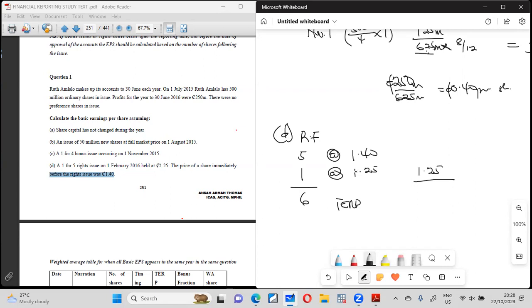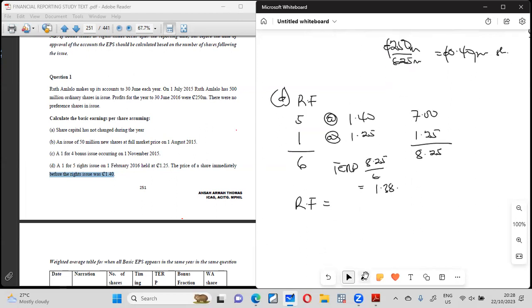It's 7. So we have 8.25. So 8.25 over 6 gives us how much? That is 1.38, or 1.375.